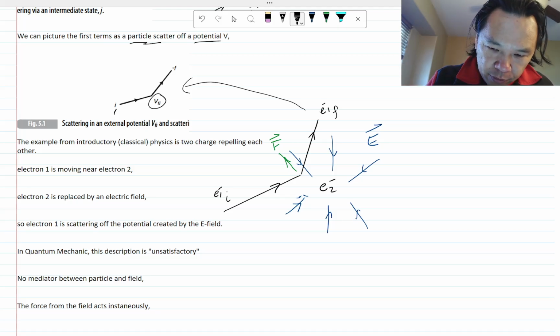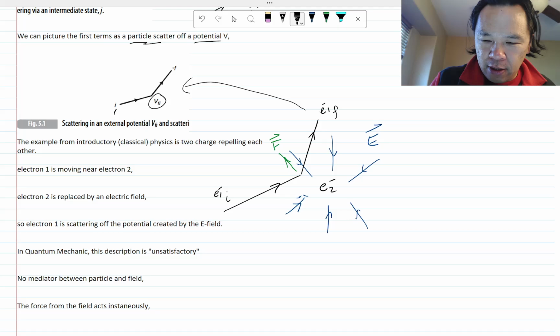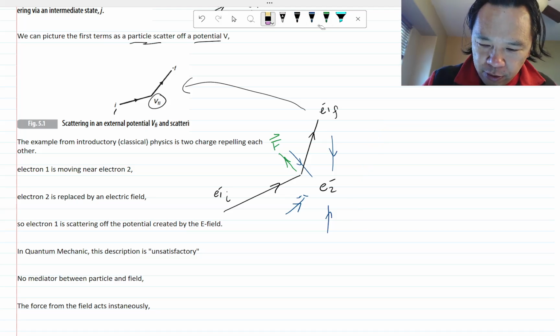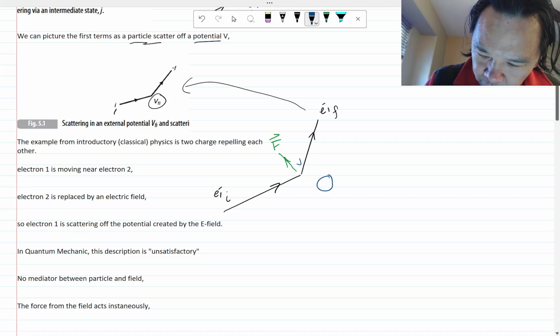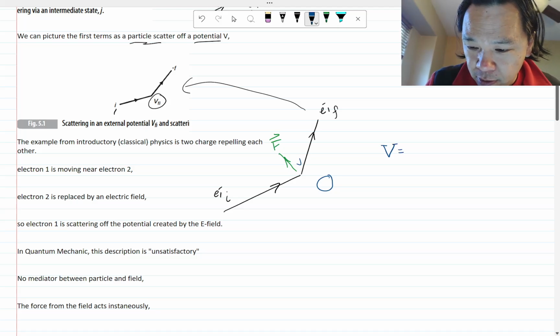So also in introductory physics, instead of thinking about this as an electron emitting some electric field, what we do afterwards to make things simpler is to think about this as some electric potential. Let me draw that in blue, V, the electric potential. Ooh, I'm not going to be able to remember what the equation is.